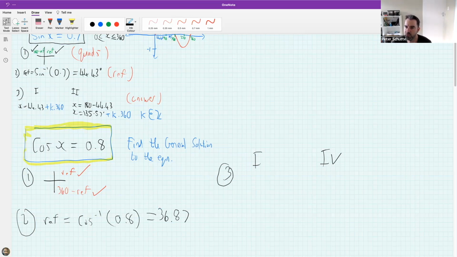So why are we using 360 minus x? In this quadrant, the angles have the form 360 minus the reference angle, but some teachers will say that you can use just plus and minus, and that's fine too. So there's 2 ways you can get the answer.